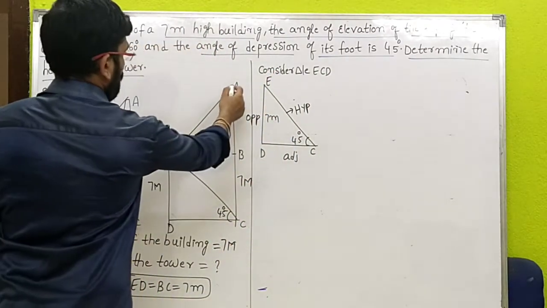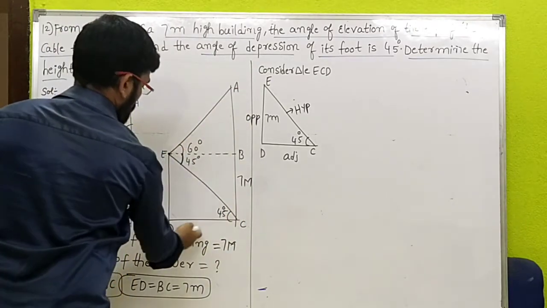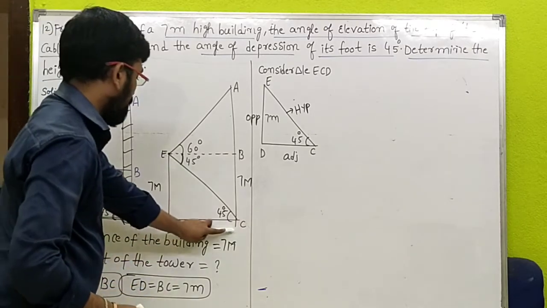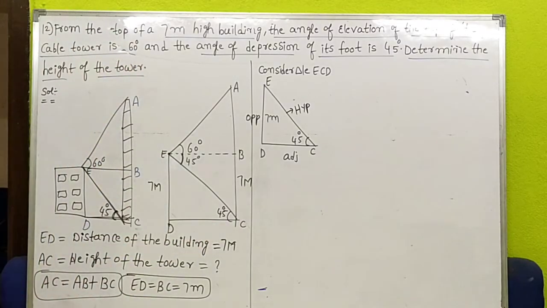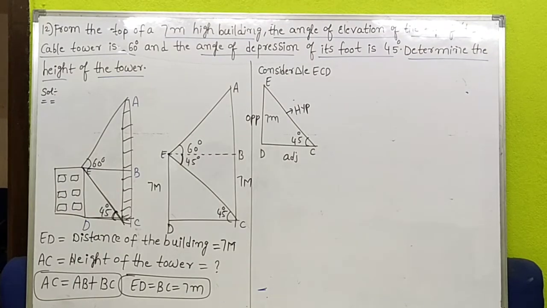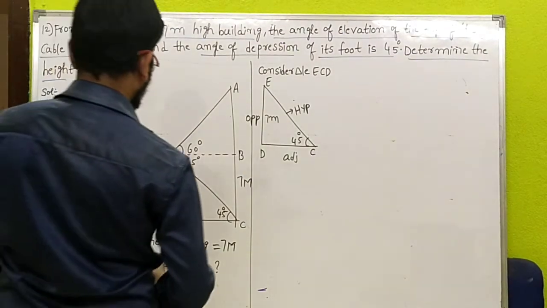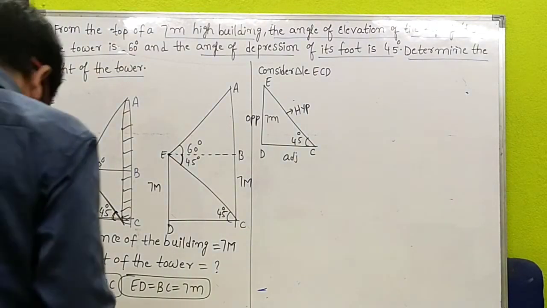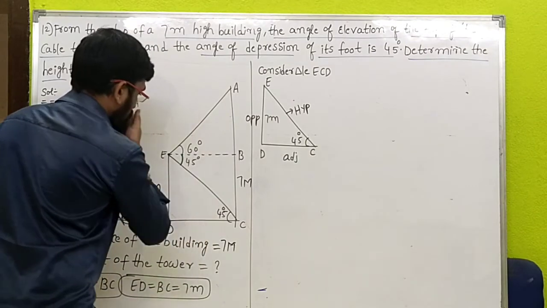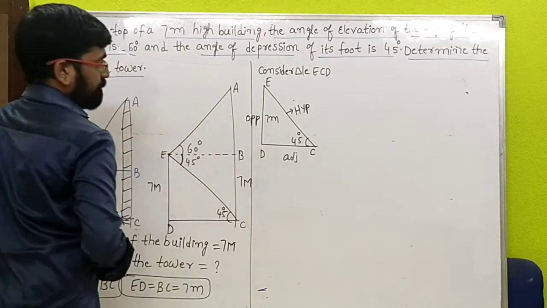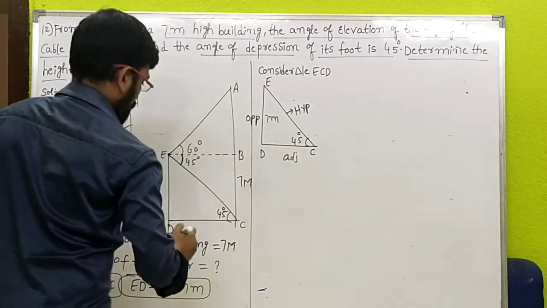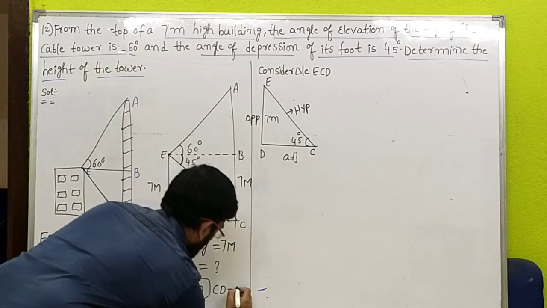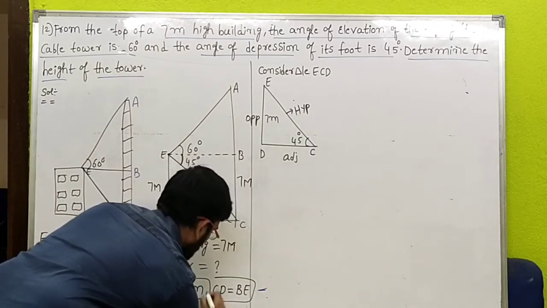Why? Because in these two triangles, CD equals BE.